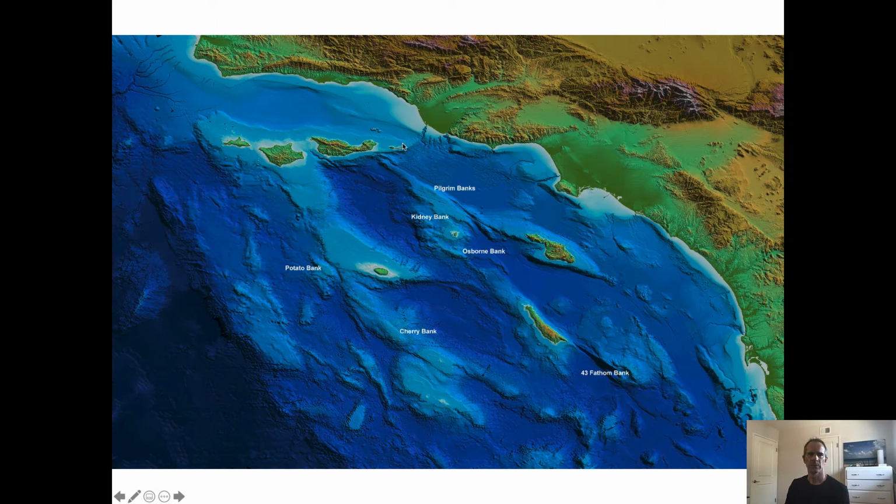And when sea level was lower, these islands would have been possibly connected with dry land, and maybe even connected to the mainland here in the Ventura area. If not, these channels are at least much smaller, allowing animals and even people to migrate between these. So moving sea level up and down has a big effect on river systems and also just the geography of the area where the coastline is located.